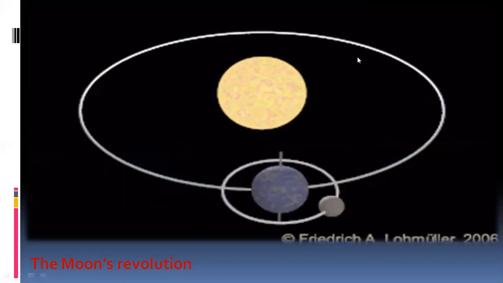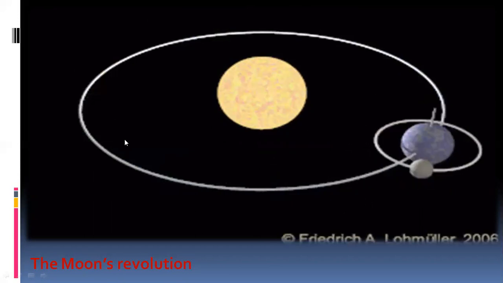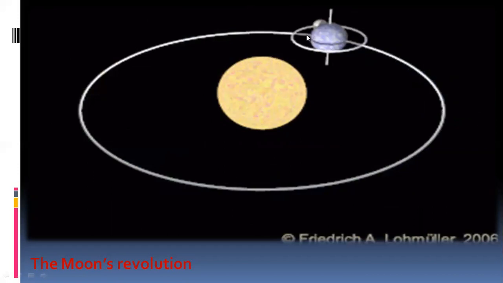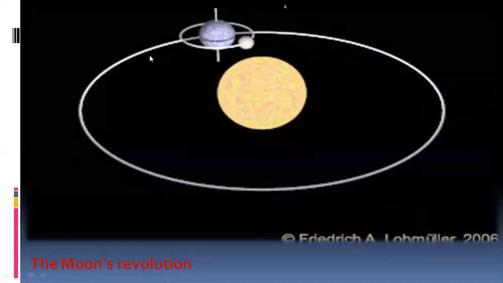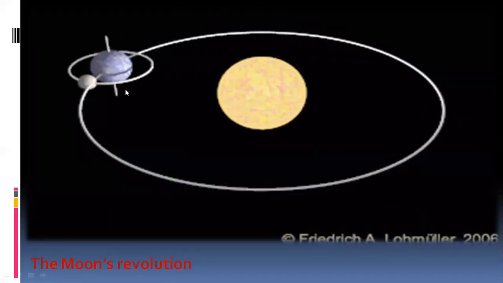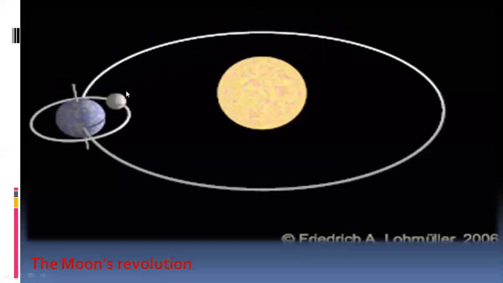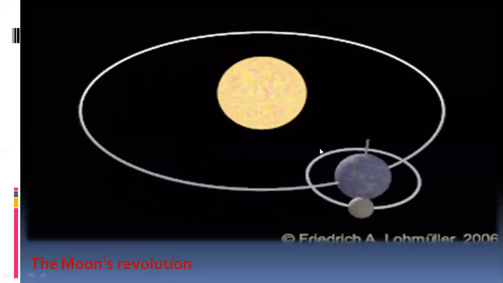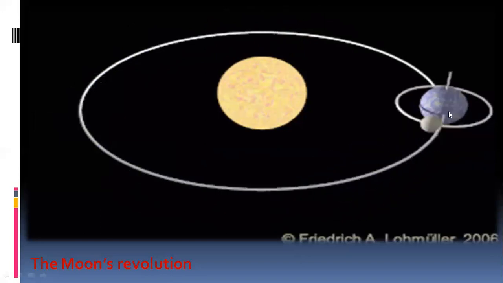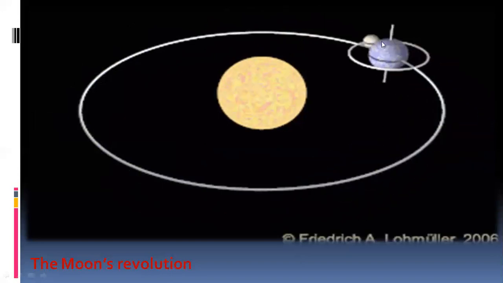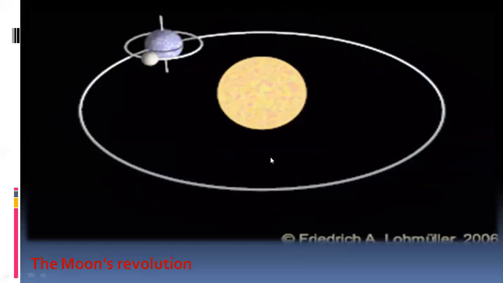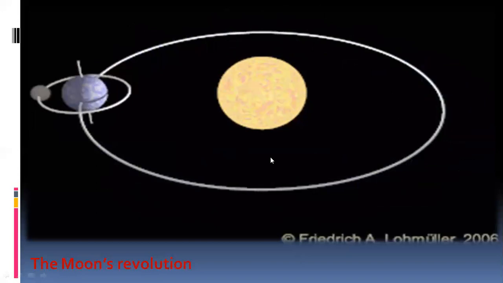It takes, as I earlier mentioned, 365 days, 1 year, to move around the sun. That is the earth's revolution. Just see this one. The moon takes 28 days around the earth.